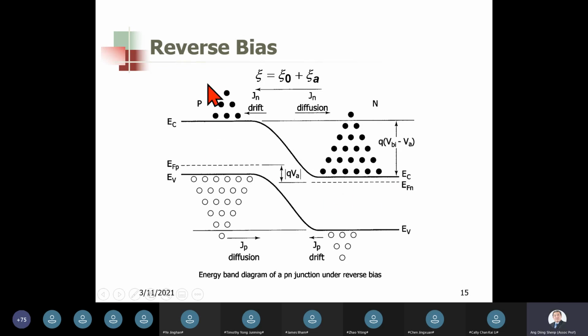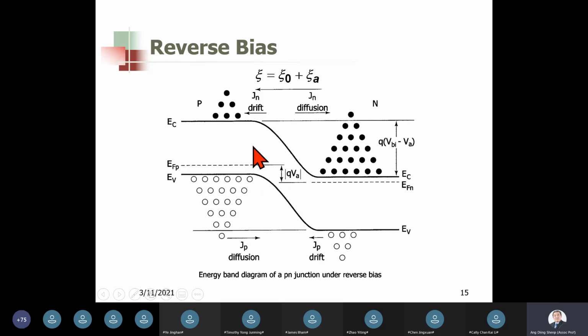Since under reverse bias condition, the P side is made more negative with respect to the N side, the band diagram on the P side will now shift upwards relative to the band diagram on the N side by an amount equal to q times the magnitude of VA. Remember, VA is a negative quantity under reverse bias.